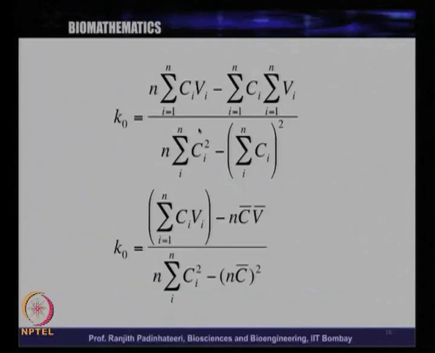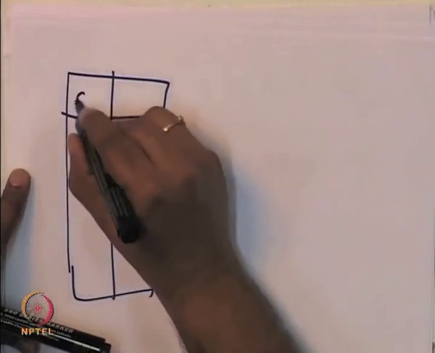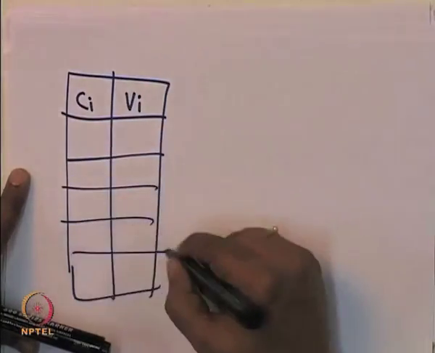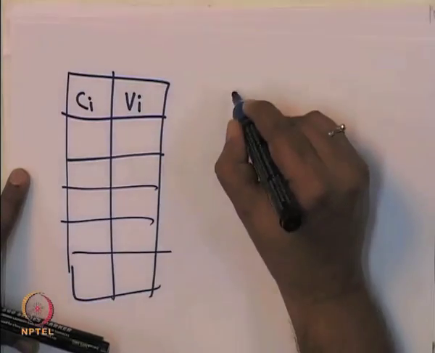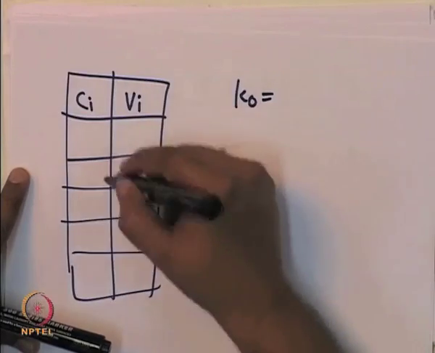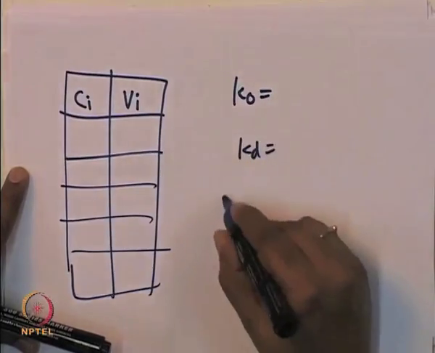So essentially we can get K0 and Kd: K0 is some combination of Ci's and Vi's, and Kd is also some combination of Ci's and Vi's.